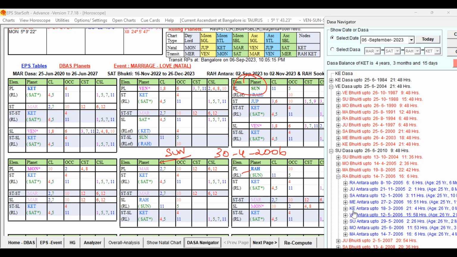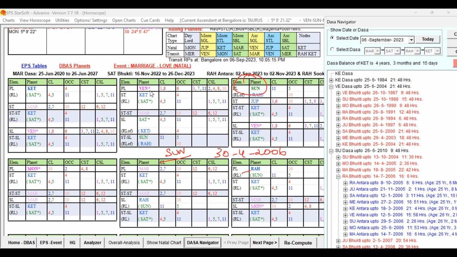So during that Saturn Antra, that marriage would have been fixed. And during the Venus Antra, the marriage has been celebrated. So it's a love-cum-arranged marriage. In the Sun Dasa, Rahu Bhukti, Saturn Antra, the fixation of the marriage happened, and Venus Antra made the marriage.